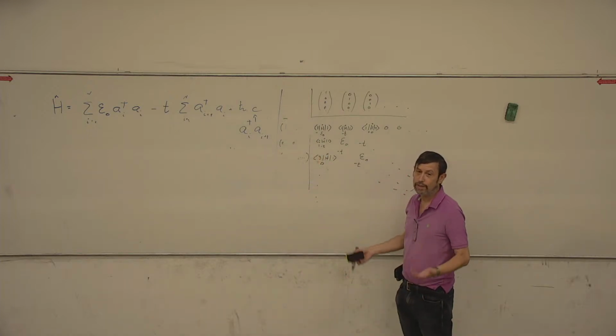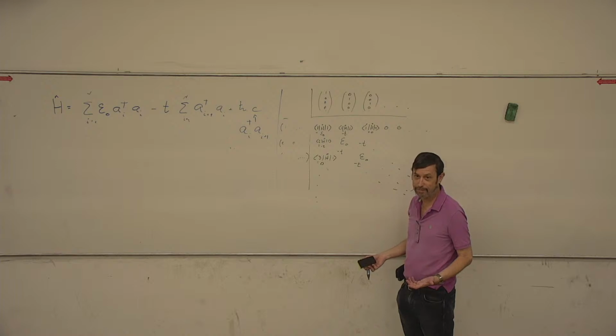As usual with any translational invariant system, you just Bloch, or even in a simpler way, I just write a Fourier transform.